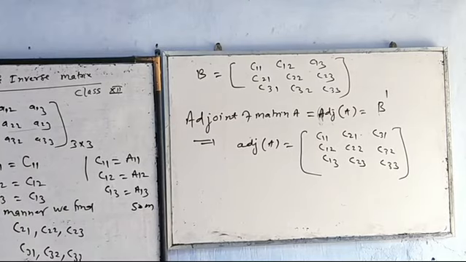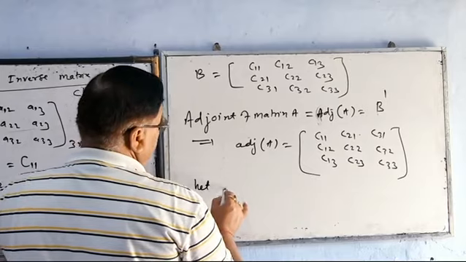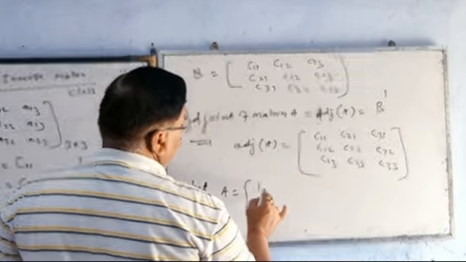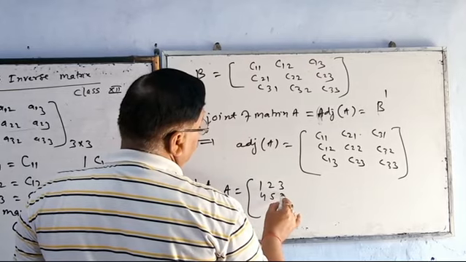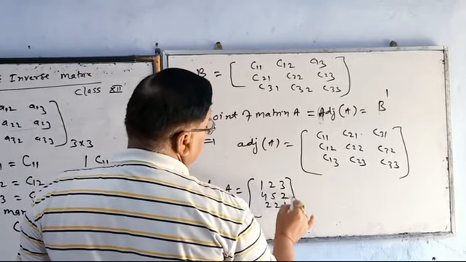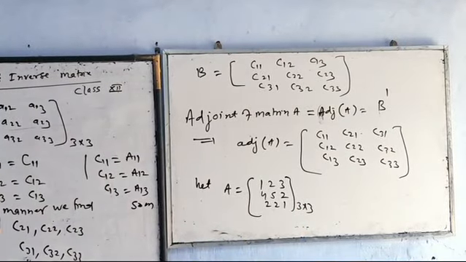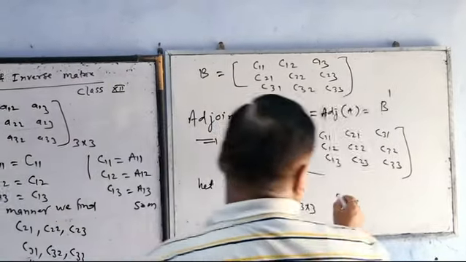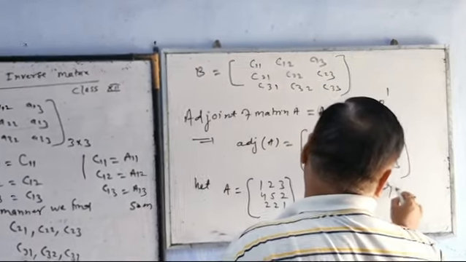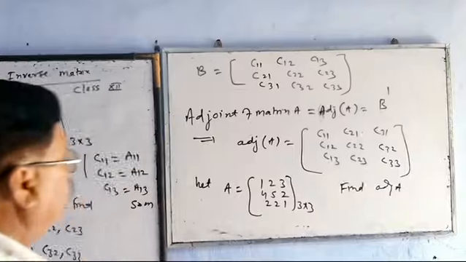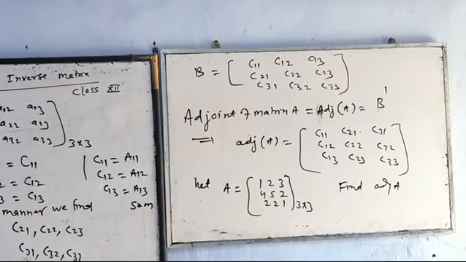Students, I am taking an example before you. Let A be the matrix with rows 1, 2, 3; 4, 5, 2; 2, 2, 1, of order 3. Find the adjoint of A. First of all we find the cofactors of these elements.